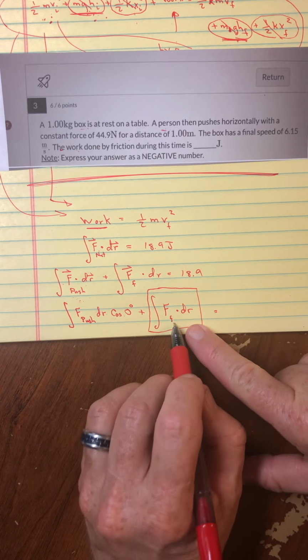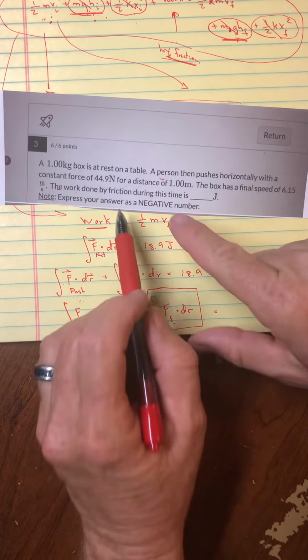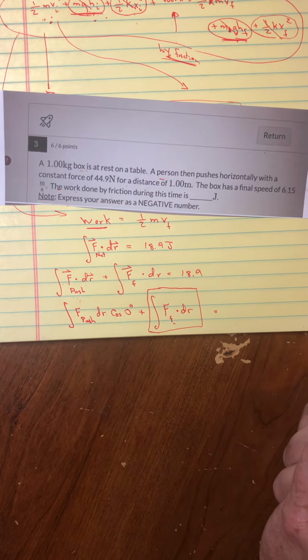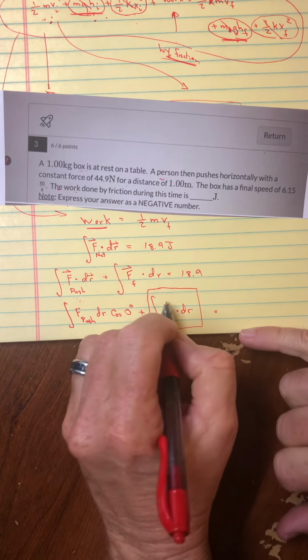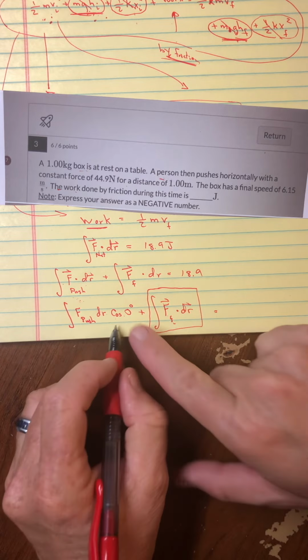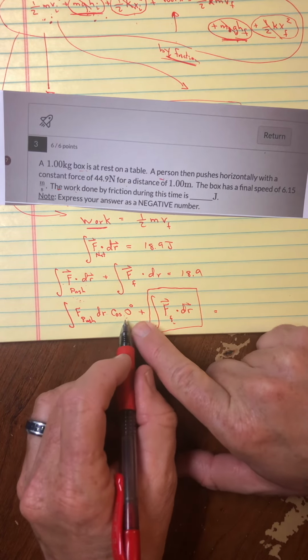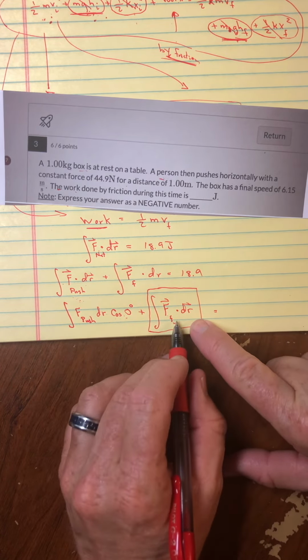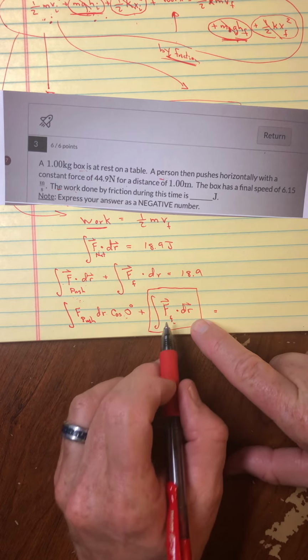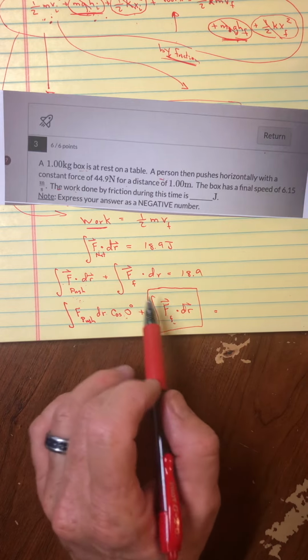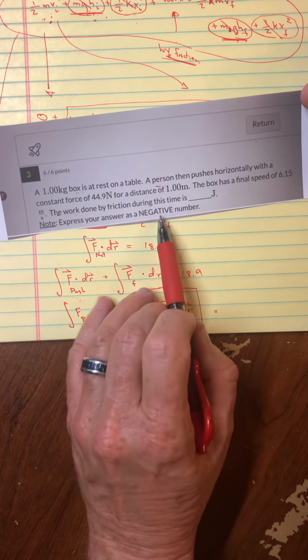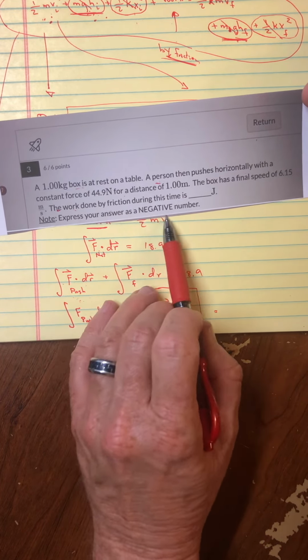So it's this term that it's after. I was tempted to kind of do the dot product and point out that the angle would be 180 degrees. So you'd have cosine of 180 degrees, which is why this will come out to be negative, since cosine of 180 degrees is a negative number. And that's why it says, you know, this is going to come out to be a negative number. Express your answer as a negative number.